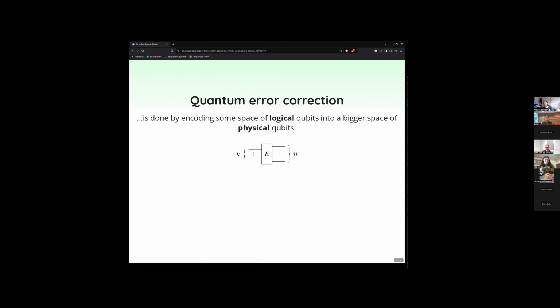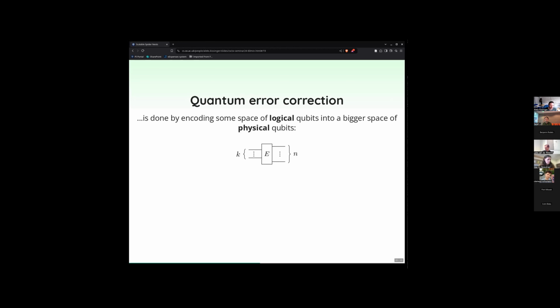Okay, so, make sure that's showing up right. Quantum error correction. A way that I like to think about this is that you can imagine this kind of encoder map. This isn't really something that's real, something that you necessarily do on your quantum computer, but you can imagine that I'm embedding some K logical qubits into a bigger space of n physical qubits.